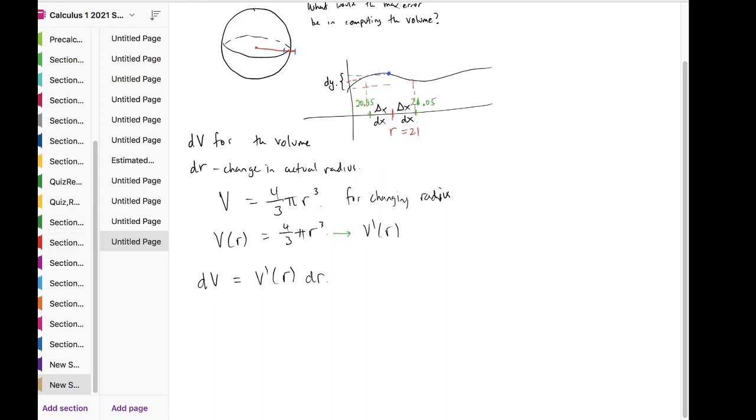This is with respect to r, so that's our variable.